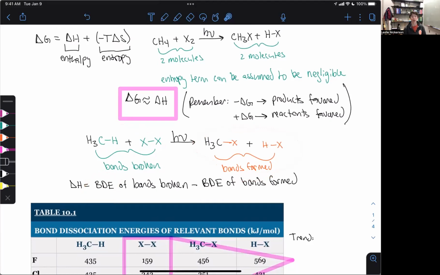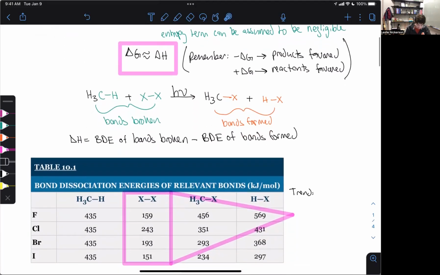So when we're looking for the delta H of this, we're really looking at bond dissociation energies, and they give us a really good look at the radical processes, because the bond dissociation energy is just the amount of energy needed per mole of splitting a bond perfectly in half, which is what a radical reaction is all about. So we're looking at that bond strength, and if that bond is easy to break, we're going to have a lower bond dissociation energy.